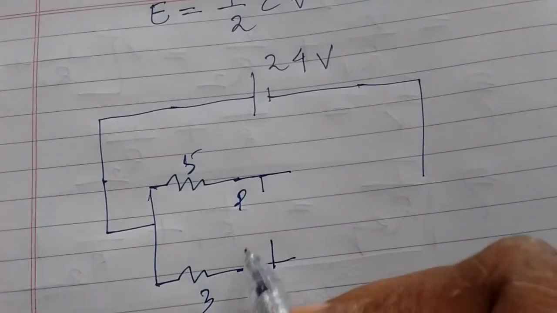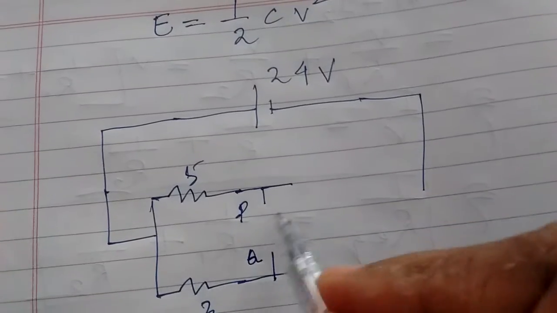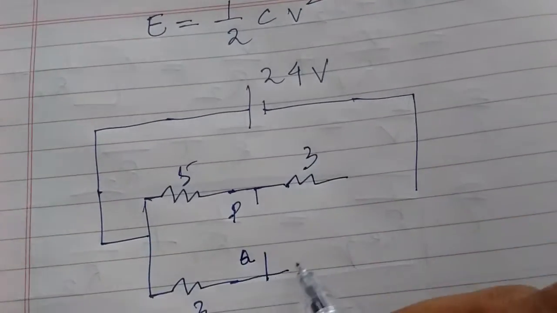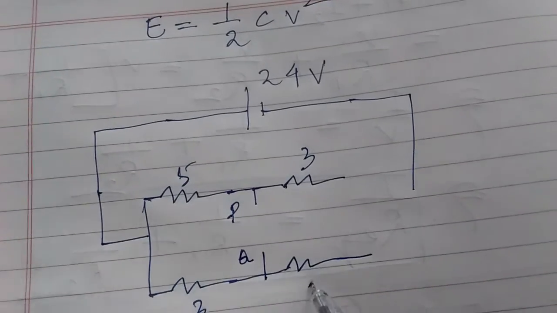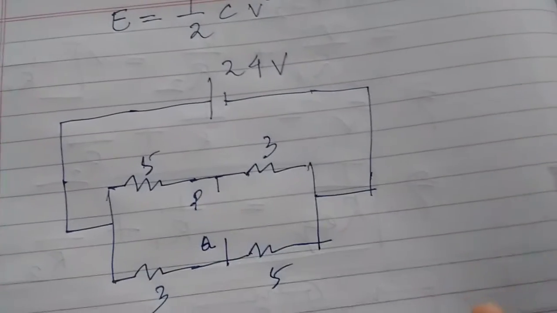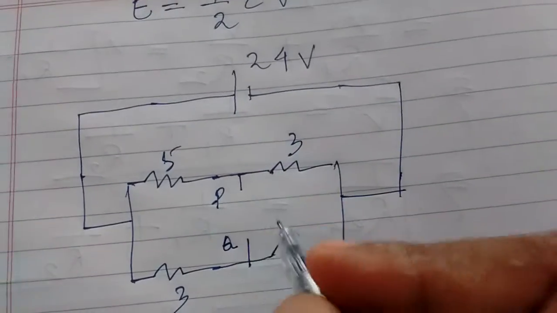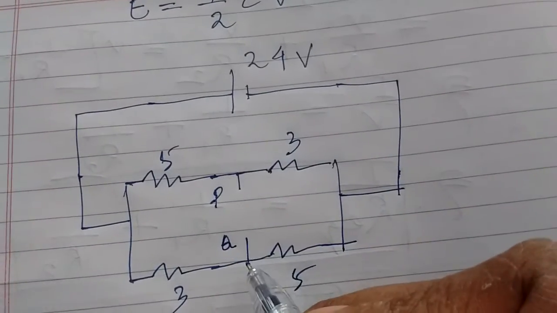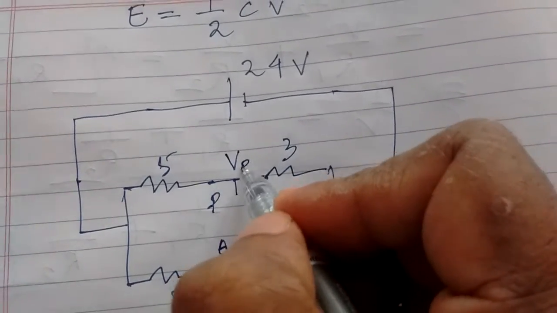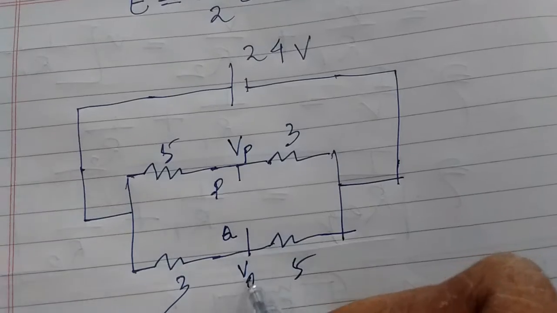This point is P, this point is Q, and I have just replaced the capacitor with an open circuit. This is 3, this is again 5, and this is the connection. Now what is the potential at this point and the potential at this point? Let the potential at this point be Vp and the potential at this point be Vq.